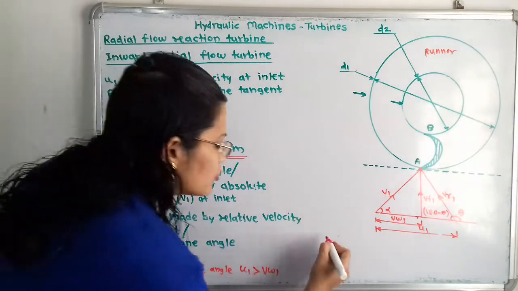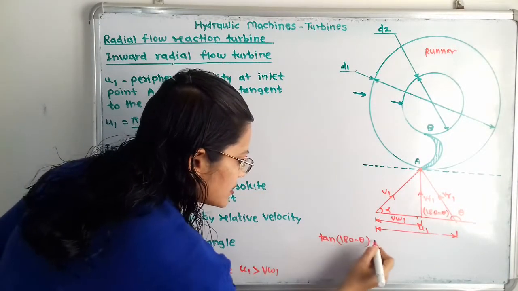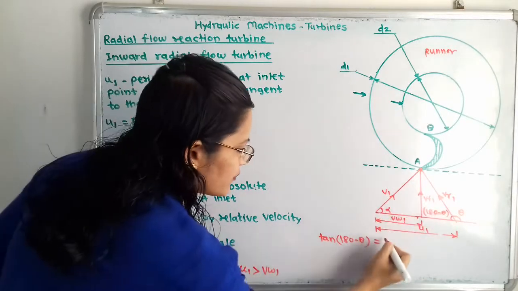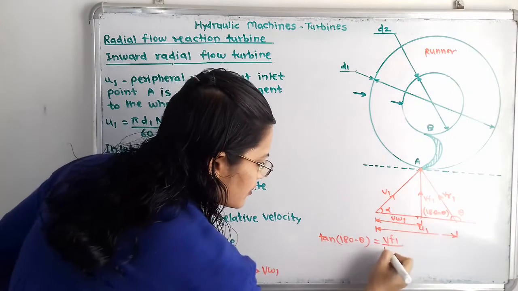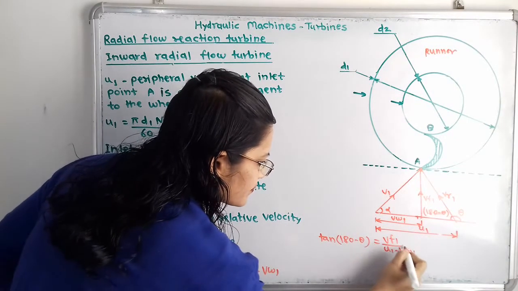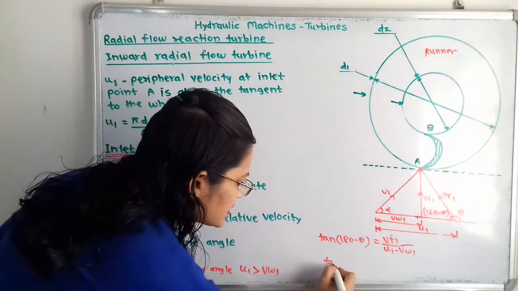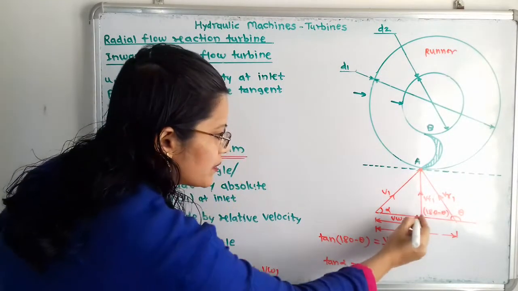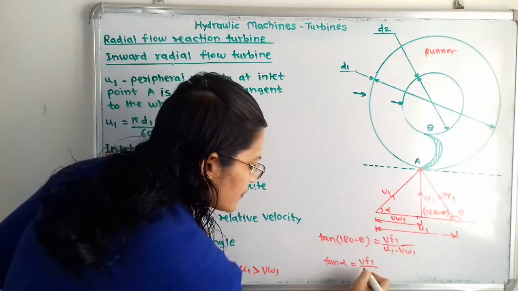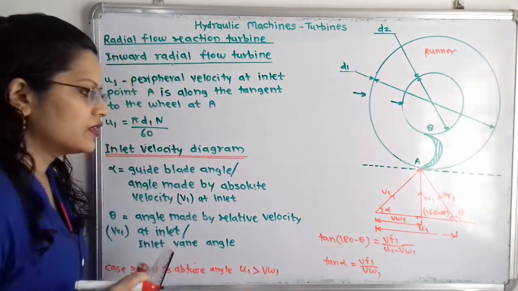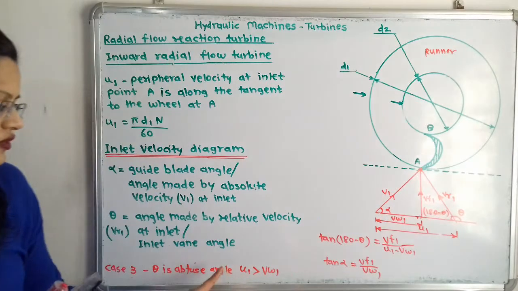Tan of 180 minus theta is equal to, opposite side is VF1 and nearby side is U1 minus VW1. Now how can we write tan alpha? For tan of alpha, it is simple, opposite side is VF1 and nearby side is VW1. So this is the velocity diagram when theta is an obtuse angle.